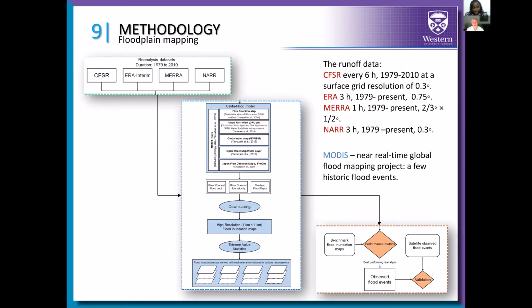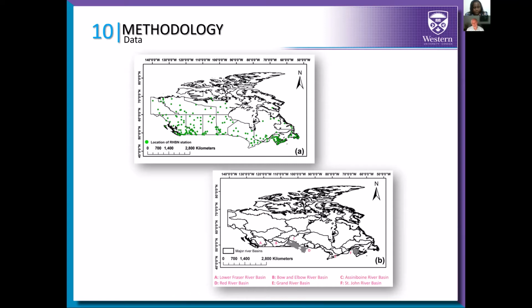type of analysis. Just to show Canada, the green dots here indicate the locations where the observations of the runoffs are being made, and you realize that for 10 million square kilometers of land, this number is really limited. And therefore, I think the reanalysis is a good source to combine with the observations and help us cover the whole region with the same level of accuracy.